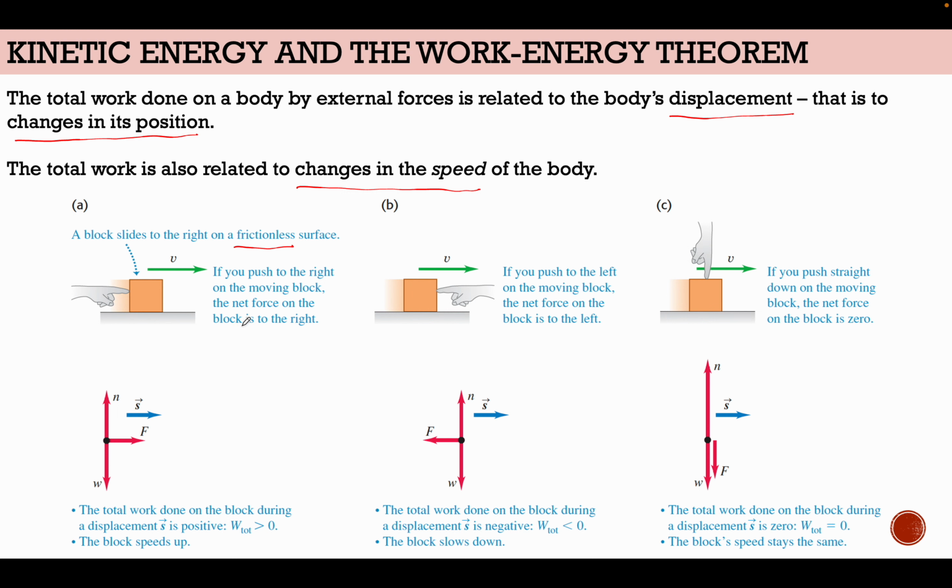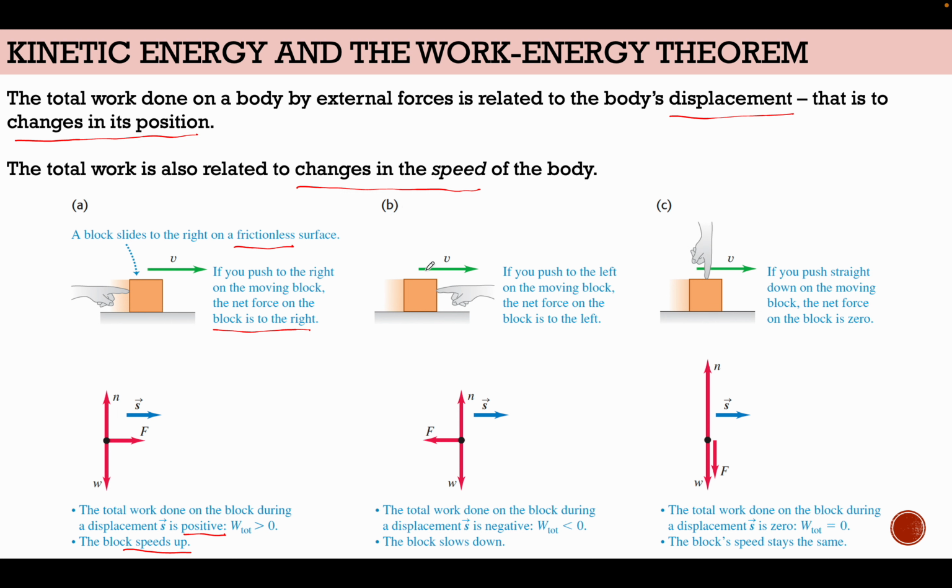If you push the block to the right, the net force on the block is also to the right, which means that the total work done on the block during a displacement is positive. If the total work done on the block is positive, the block will speed up.